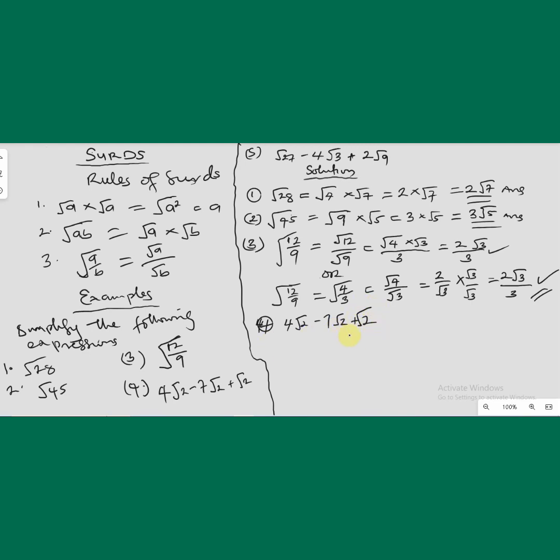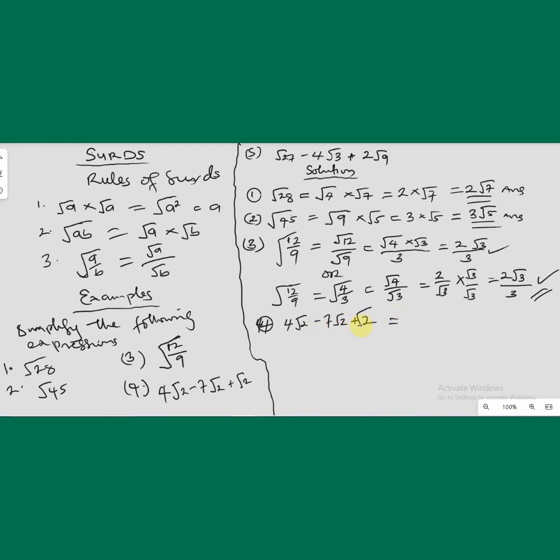So for me to simplify this, because looking at these things, all these expressions have square root of 2 as a common factor. So now, since they have square root of 2 as a common factor, I'm going to factorize the expression.